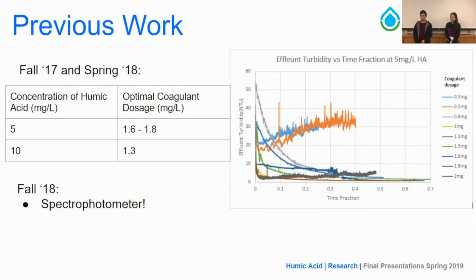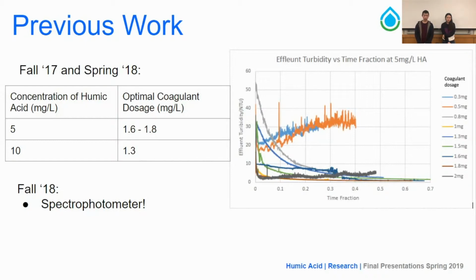You can see that for various coagulant dosages, between about 1.3 to 1.8 milligrams per liter, after a certain amount of time, the effluent turbidity decays to the same value of about 0. So the spring 2018 subteam felt that further research was not needed, because once you hit this sweet spot of coagulant dosage, after a certain time, the effluent turbidity decays to 0.